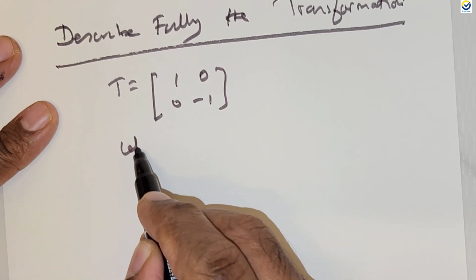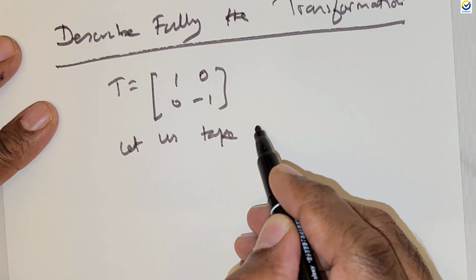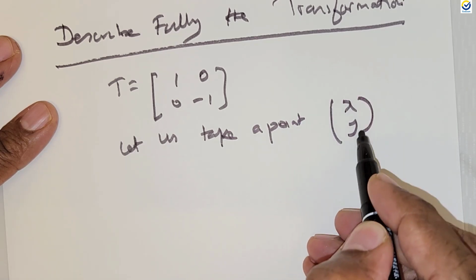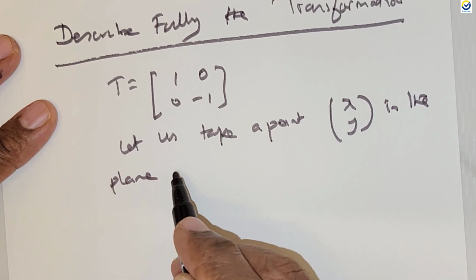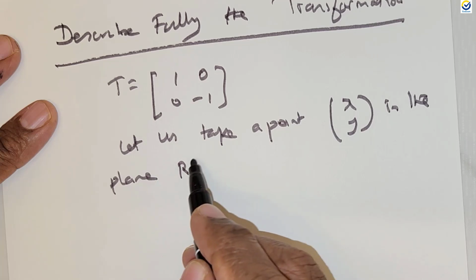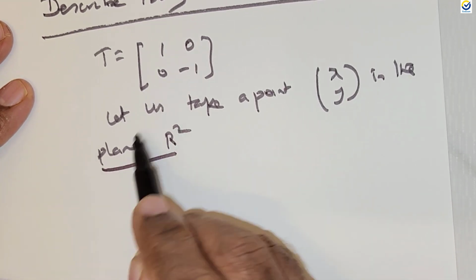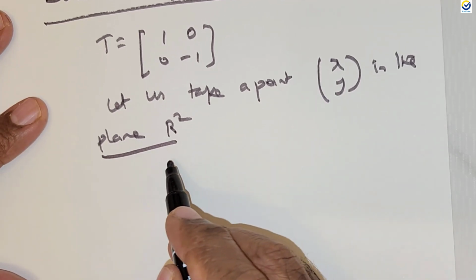Now let me take a point, say (x, y), in the plane. The field can be R squared, but anyway, these things are not required. We need to just focus on this point x and y.